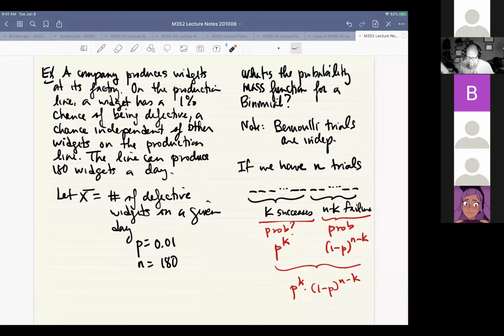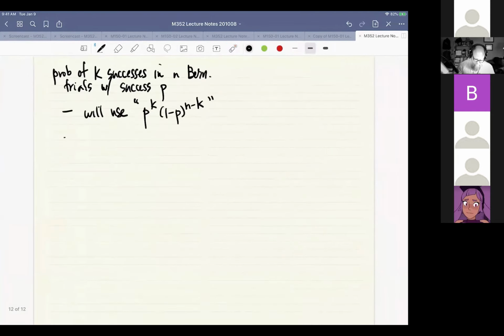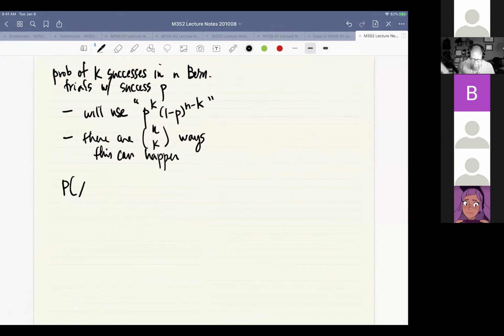How many ways can I put a success into these n slots? And that's exactly n choose k. So the probability that my n Bernoulli trials have exactly k successes is n choose k times p to the k, 1 minus p to the n minus k.